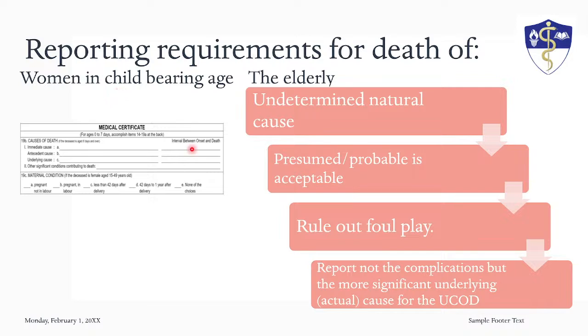Here is childbearing age, this is how we write it. For the elderly, this is how we write it down. We can write down undetermined natural cause. We can write down presumed or probable, but not for women of childbearing age. We don't rule out foul play for women of childbearing age. But if it's a reportable disease, you can report the disease. The list of reportable diseases is in the previous module. Okay, next.